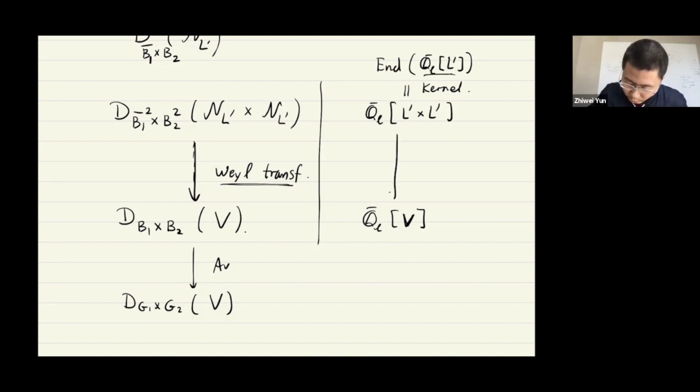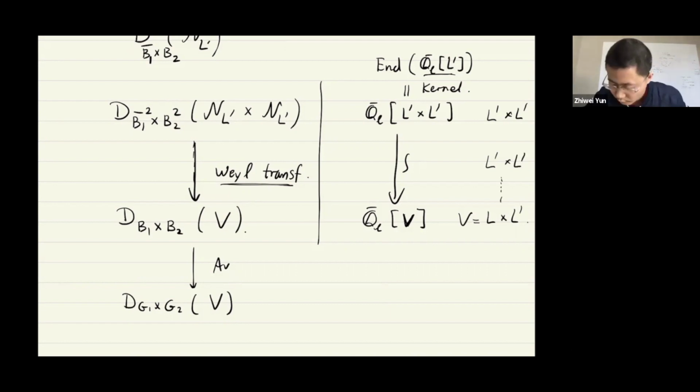And the Weil transform gives an isomorphism between these two vector spaces. It is basically a partial Fourier transform because V is just L times L prime. If you start with L prime times L prime, the second step is a partial Fourier transform.